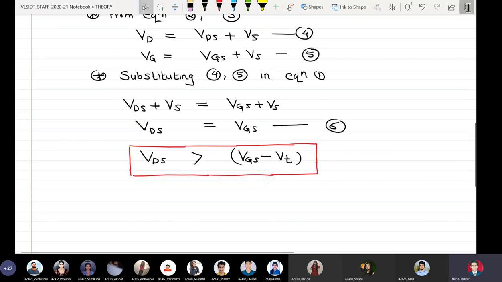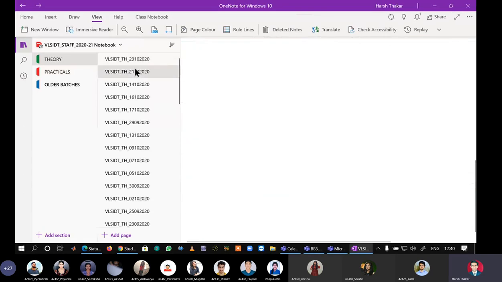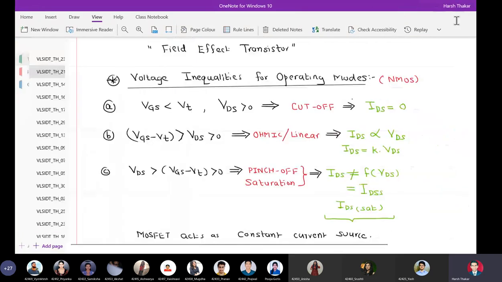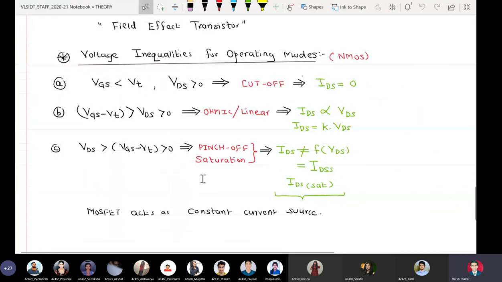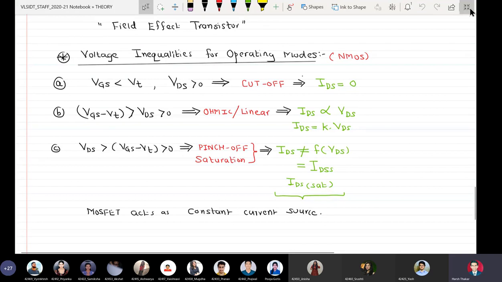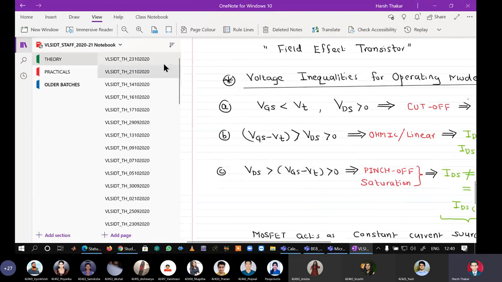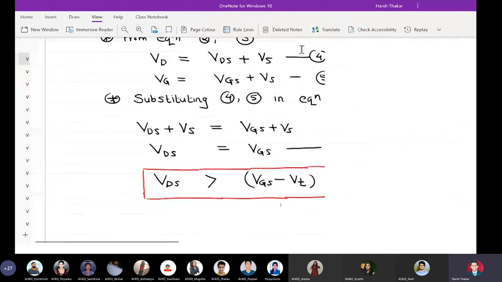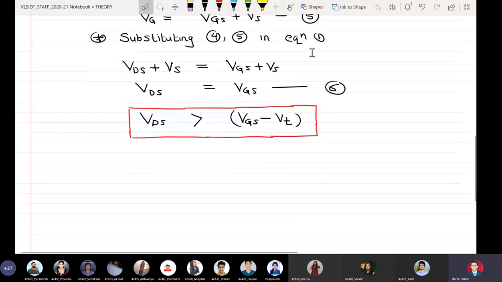And if we remember, this is the voltage equality which actually justifies that MOSFET is in saturation. So you just see equation case number 3, VDS is greater than VGS minus VT is greater than 0, is actually the voltage equality for saturation region. That is why here we can actually say that equation number 7 justifies that MOSFET is in saturation.